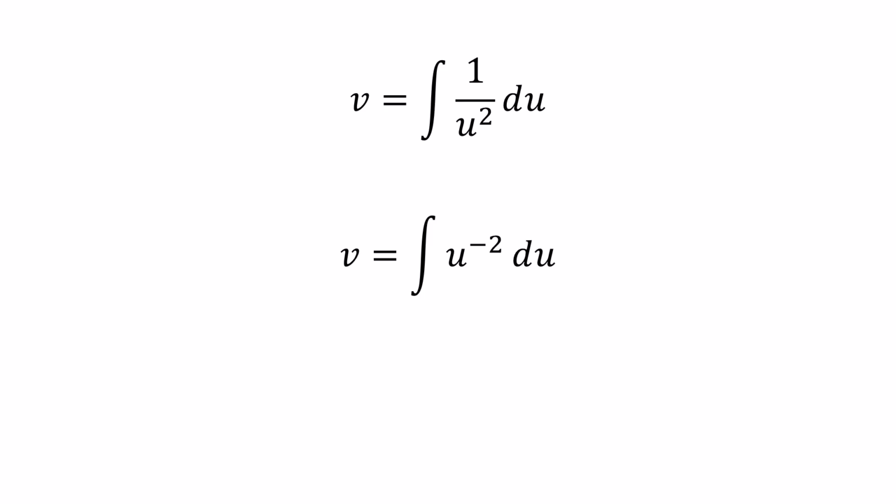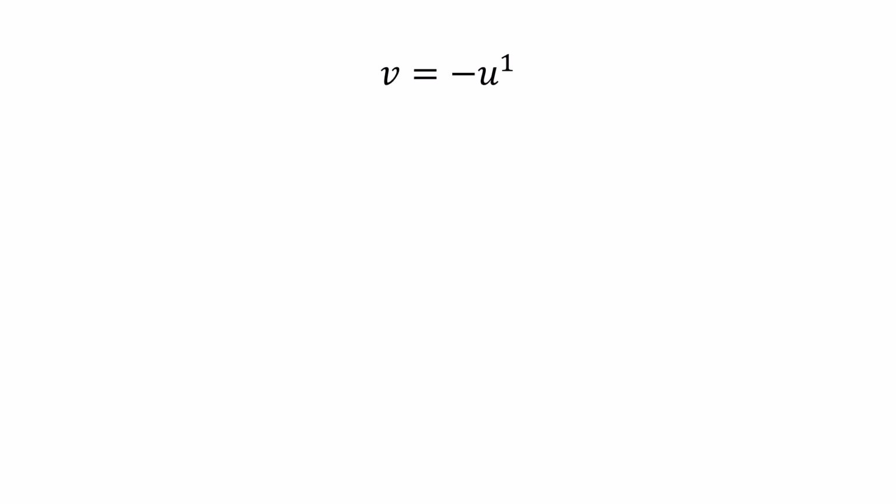Integrating then gives v equals negative u to the minus 1. In terms of positive exponents, this is v equals minus 1 over u. Back substituting then gives v equals minus 1 over ln of x plus 1.